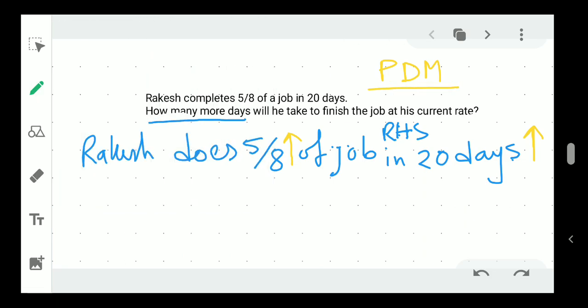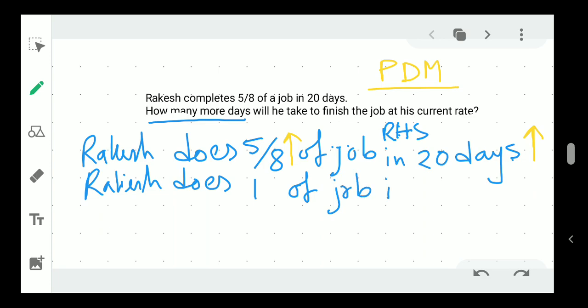So we will see right here that Rakesh does 1 of a job in, now you can see that I have written here 1, but if Rakesh has completed the work, how much has he done? He has done 1.